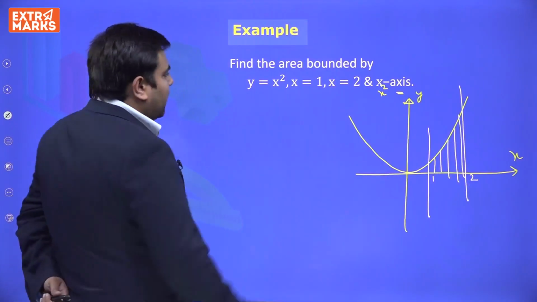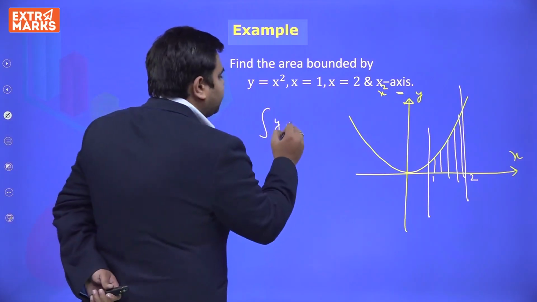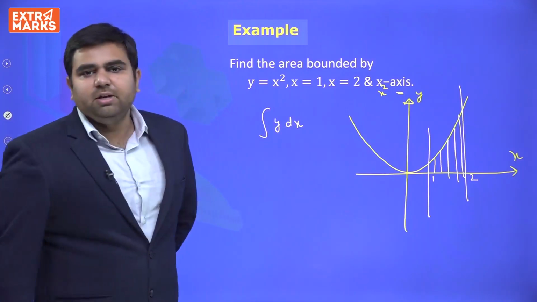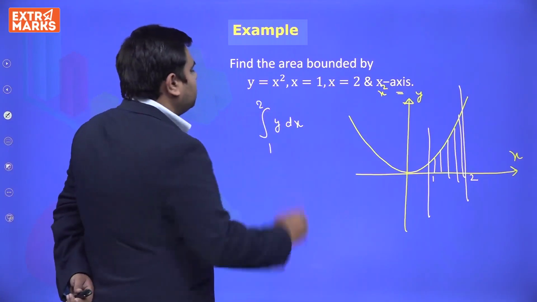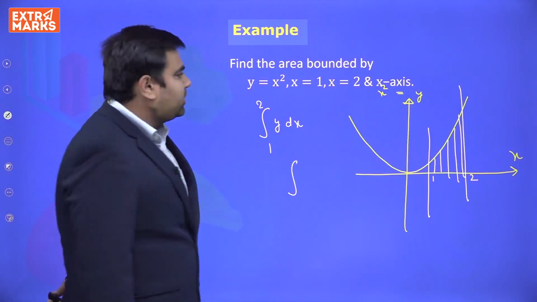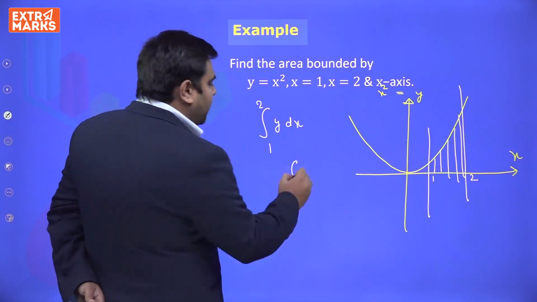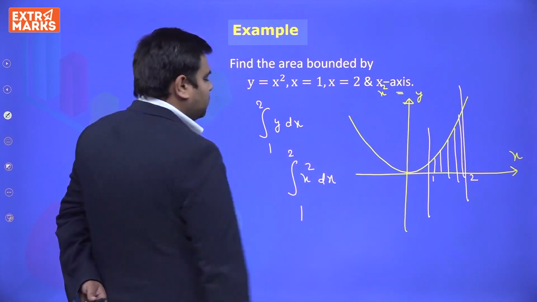So now the area is given as the integral of y dx, and that is from 1 to 2. This is coming out to be the integral of x square dx from 1 to 2.